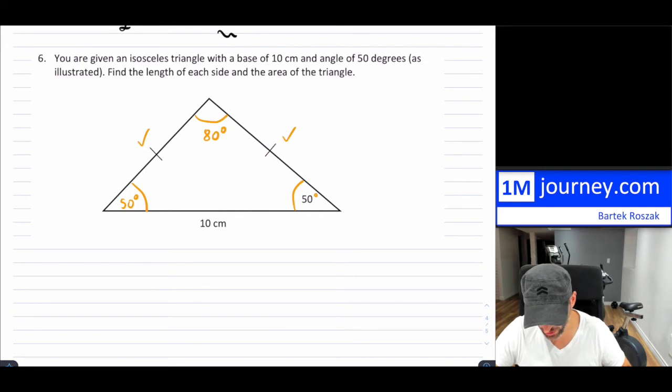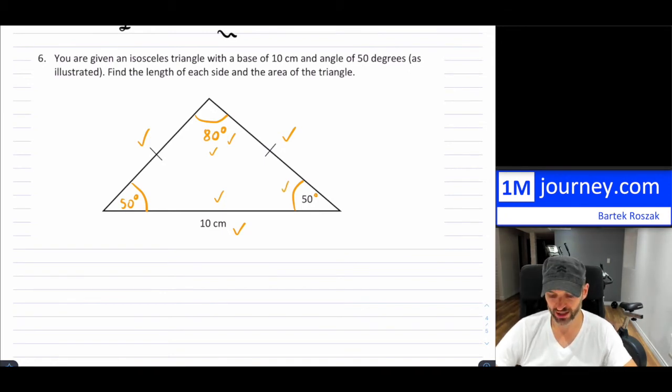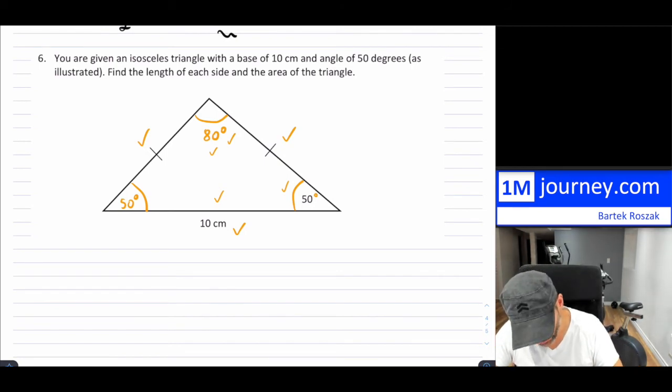All right, so what do I know here? I know this side right here. I know the angle. So if you know the angle and you know the side, and now we know also this angle, I can actually use the sine law, right? So I can use the sine law to find out one of the other sides. So I can find out, for instance, this particular side.